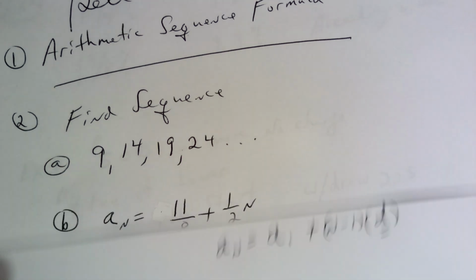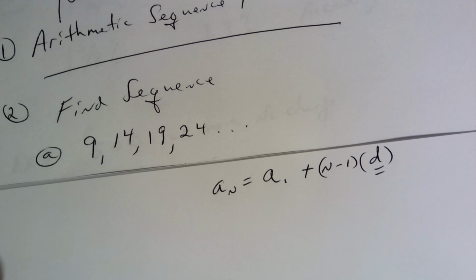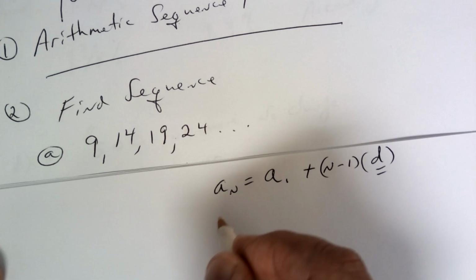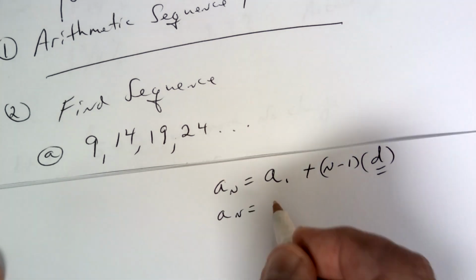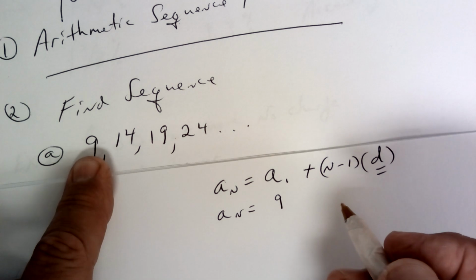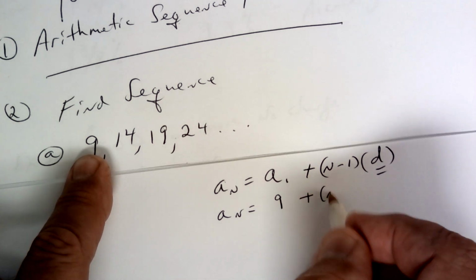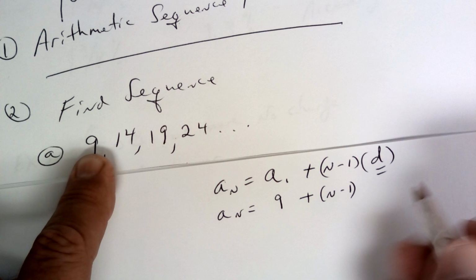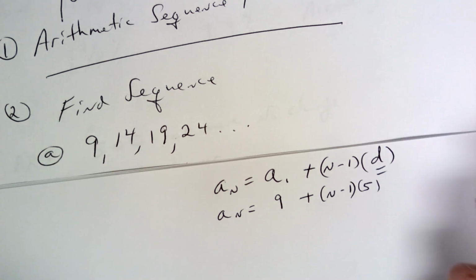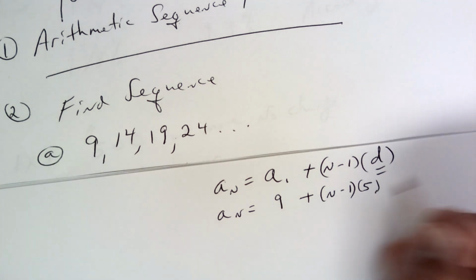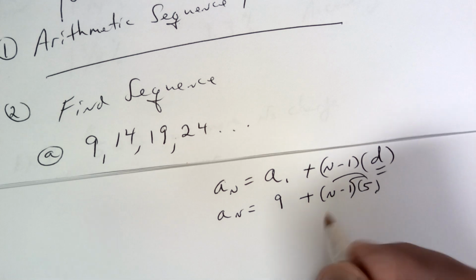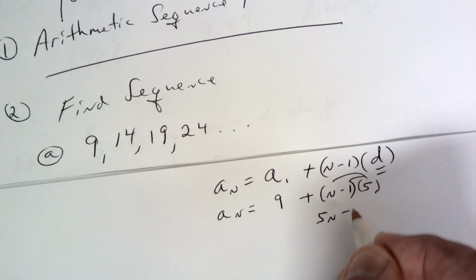Okay? So it says find the sequence. So it's going to be a sub n equals the first term, which is 9, plus n minus 1 times 5, the common difference. You can simplify that if you want. You could go ahead and distribute and get 5n minus 5.